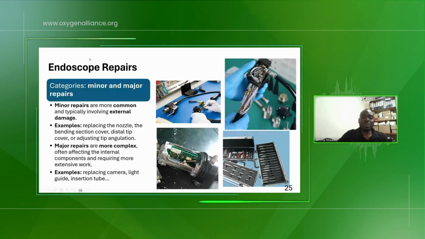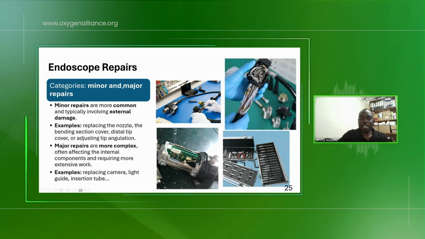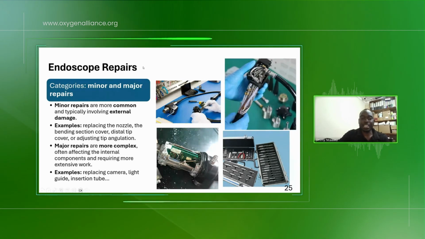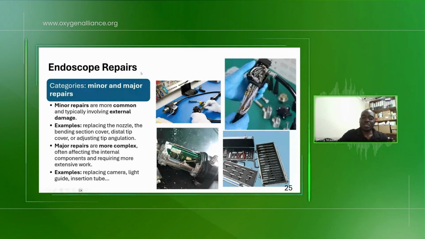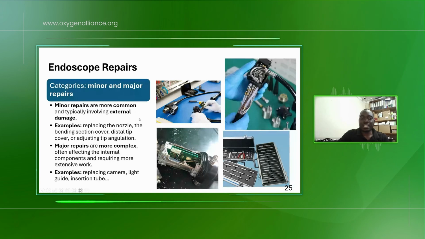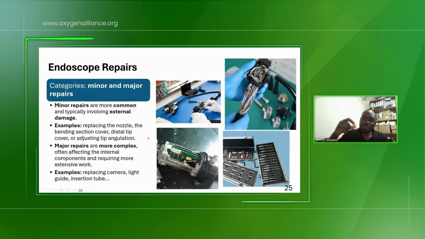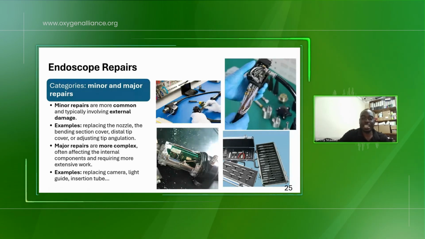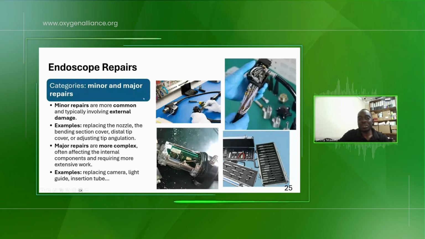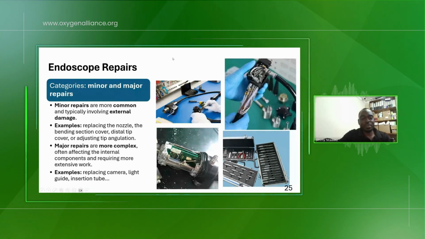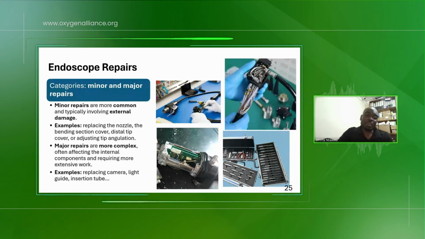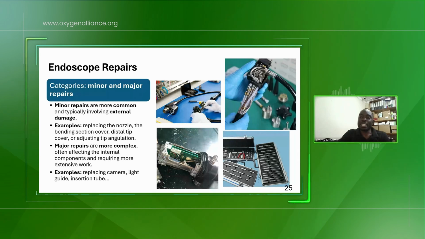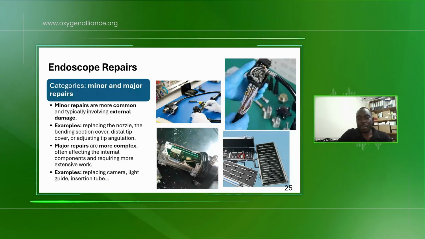So we have what we call the major and the minor repairs. Minor repairs can be on the nozzle, on the bending section, or the distal tip cap has fallen off, things like that. The angulation is distorted. Those ones don't take much time and don't affect the camera. Those are minor repairs, and they're usually external, on the outside of the scope.